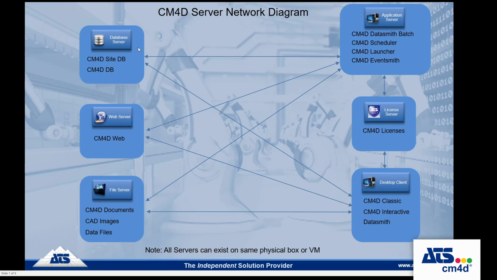You would need a database server and a license server. Otherwise, with Enterprise, you would also need the addition of the app server, file server, and web server. So again, hopefully this diagram is helpful in explaining how the different modules would be stored on these different servers and their relation to each other.